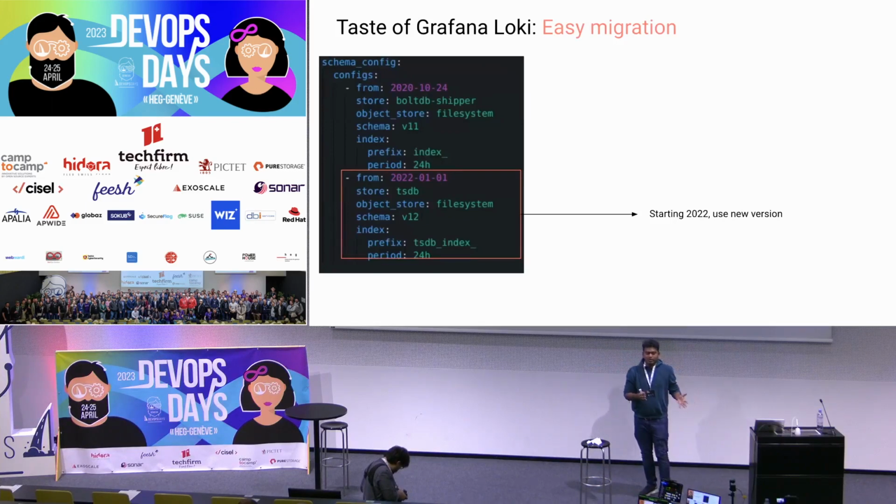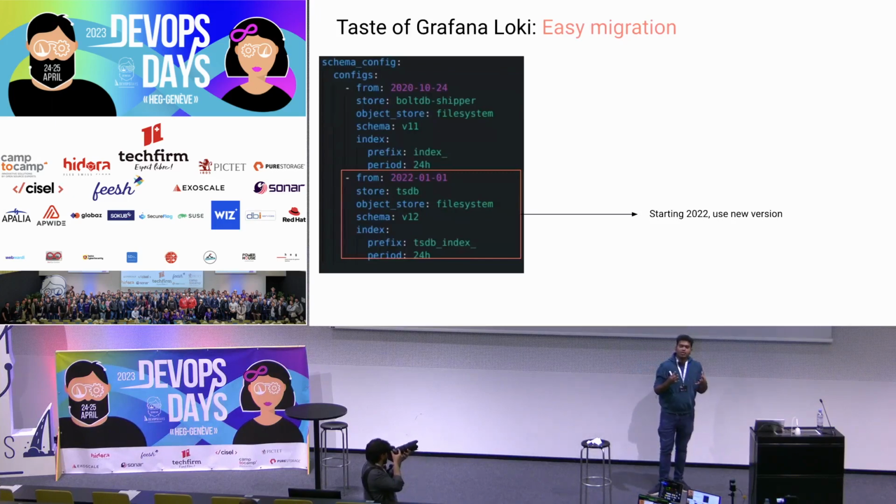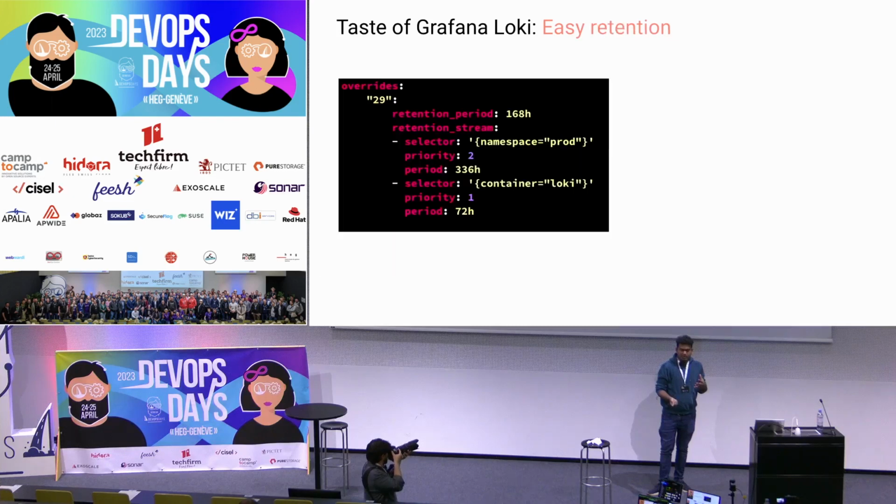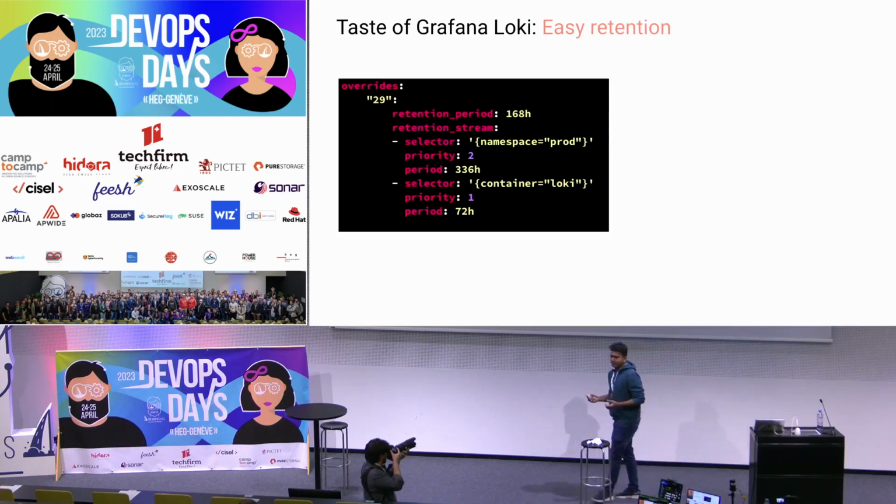So when you combine this with what we're going to discuss next, retention, it's very powerful. Let's say this is the config for retention. It means how long you want to keep your logs in storage, and they should go away after that.